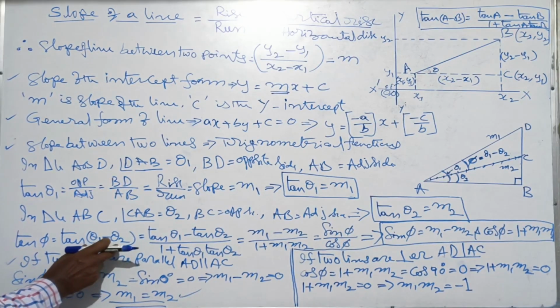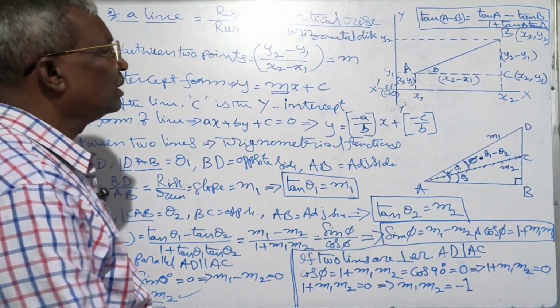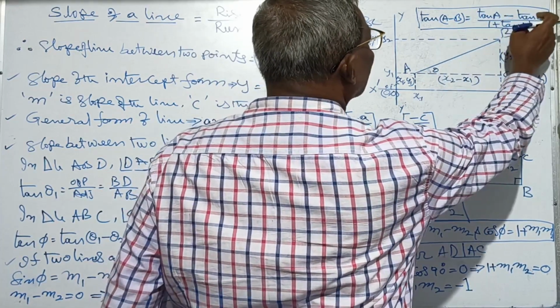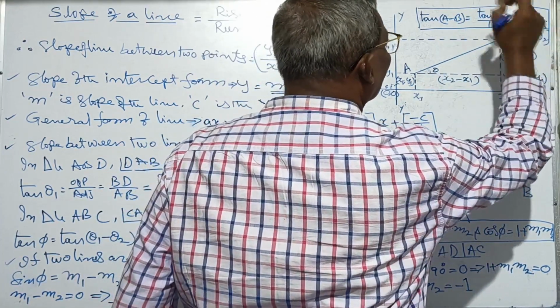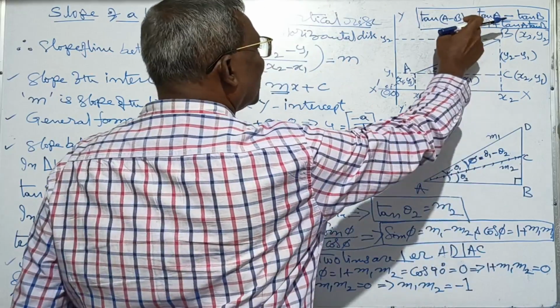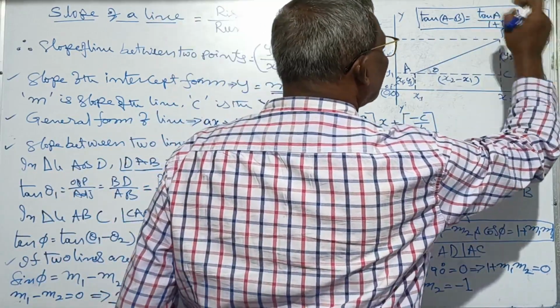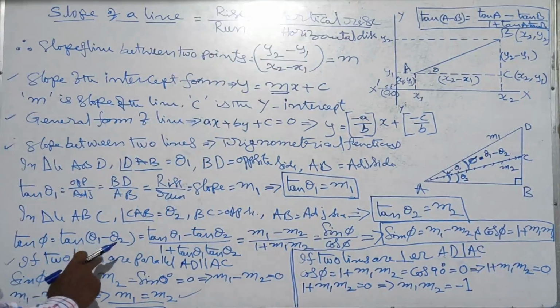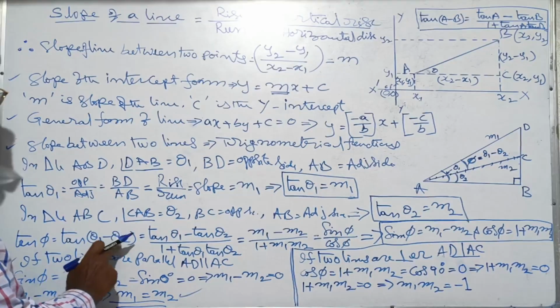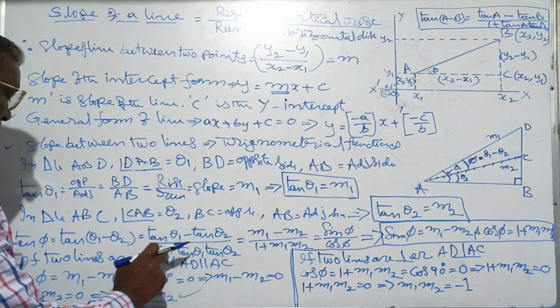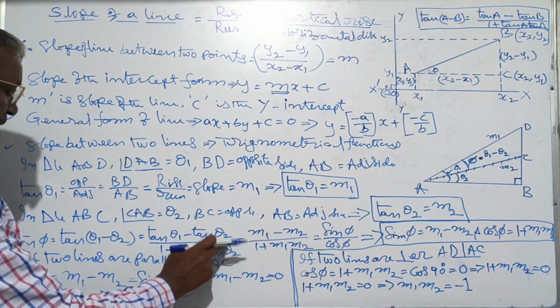So this is in the A minus B form. Tan of A minus B is equal to tan A minus tan B by 1 plus tan A tan B. Similarly here, tan of theta 1 minus theta 2 is tan theta 1 minus tan theta 2 by 1 plus tan theta 1 tan theta 2.